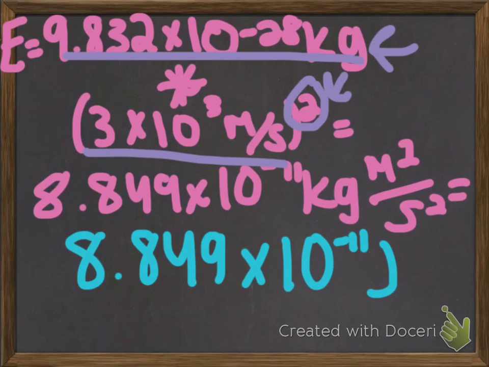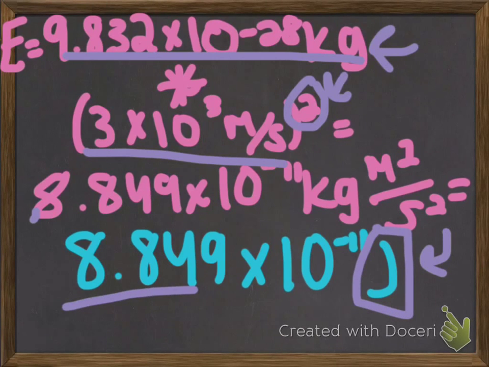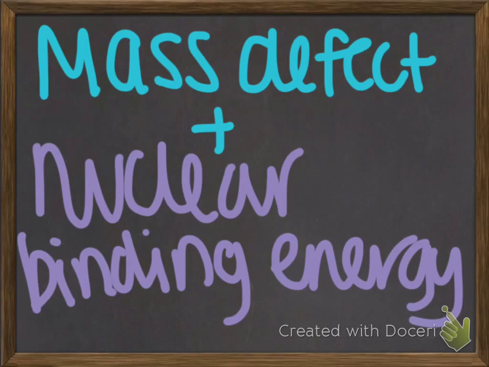Then you get 8.849 times 10 to the negative 11th, and it's in kg meters squared over seconds squared, but that is basically the same thing as joules. And you want it to be in joules, so you just write joules as your final answer.